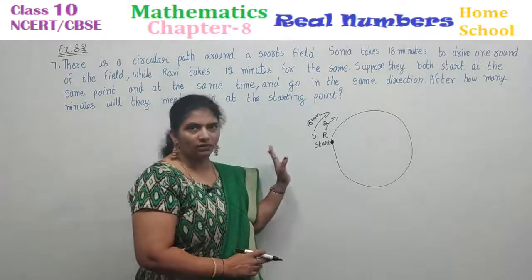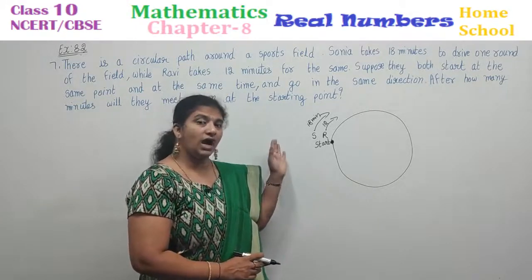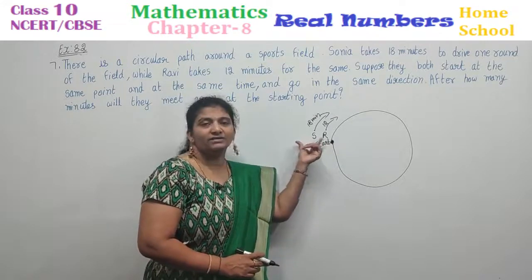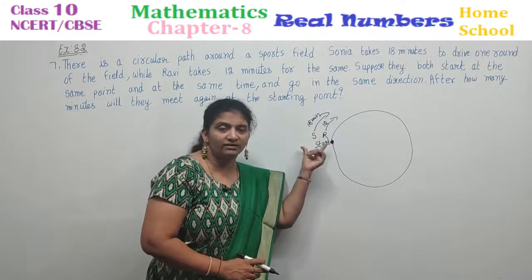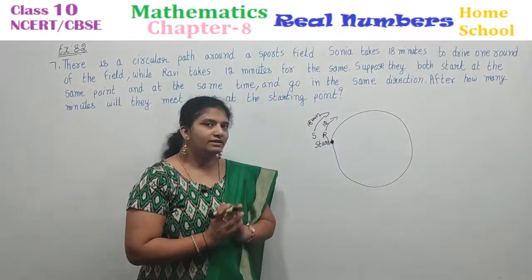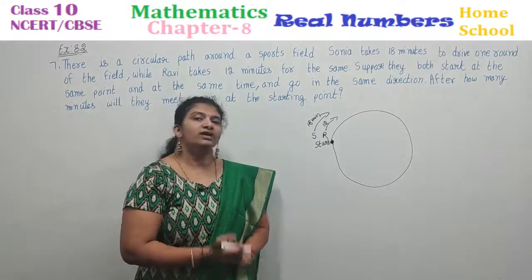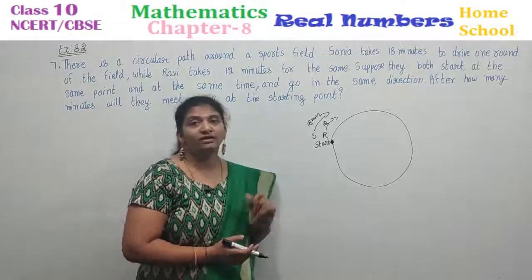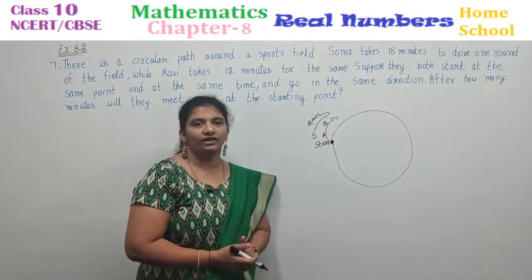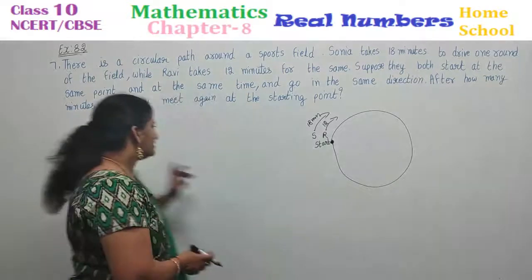They did not stop here. But after how many minutes are these two going to meet at the same point? How can we find this, children? Understand the question carefully. If we are able to find the least common multiple of these two, we are going to get the answer. So let's start here.